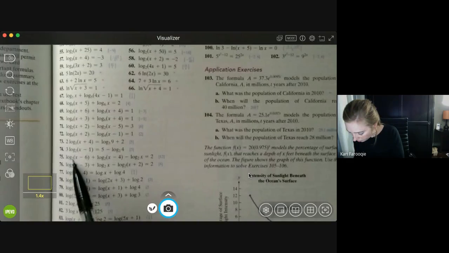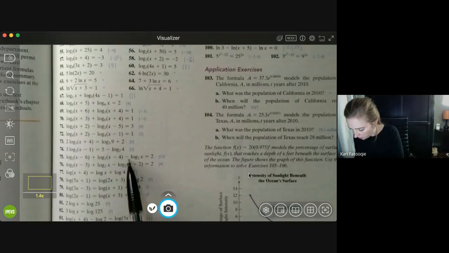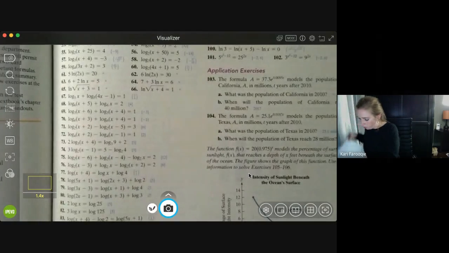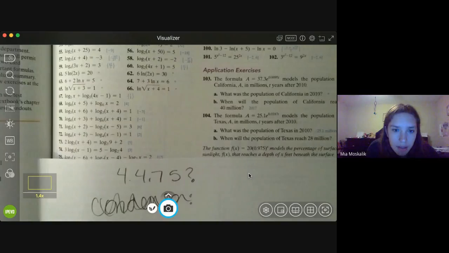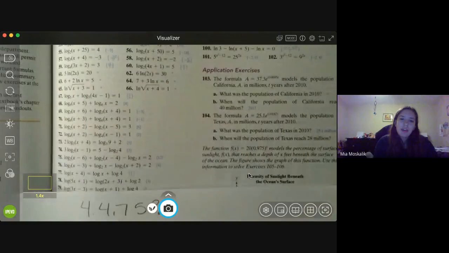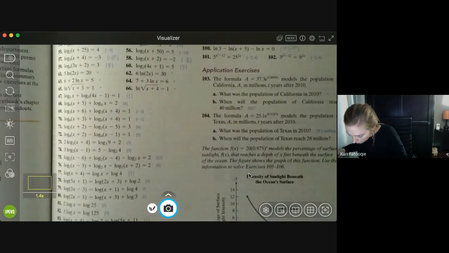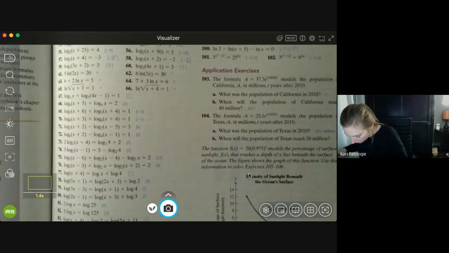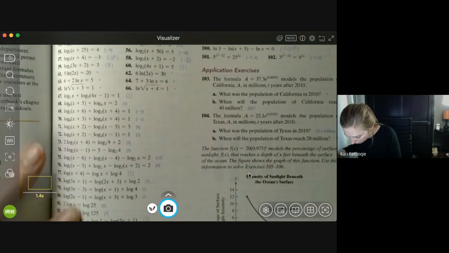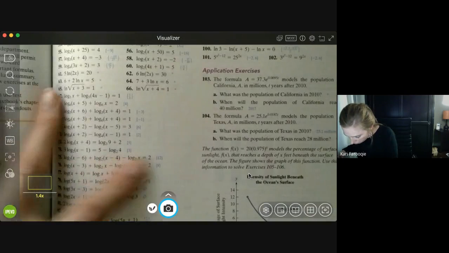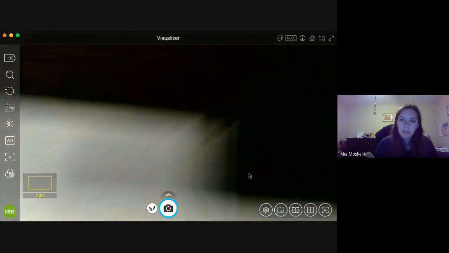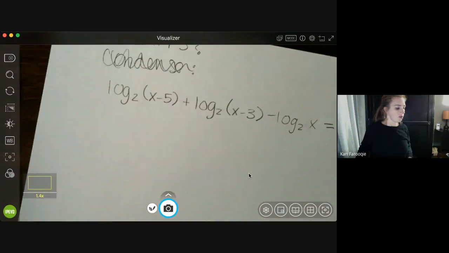It's got log base 2 of an expression plus log base 2 of another expression minus log base 2 of x equals. Yeah, that was most likely it. Or something like that, yeah. Okay. Well, we'll do this one, and then if you feel like, wait, that doesn't look like what I saw, then let me know. But these are all logs only. And this is the only one I see with addition, subtraction, and a number. All right. Okay. So let's do this one.